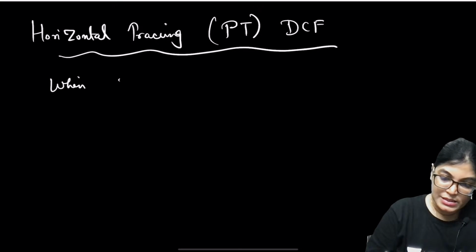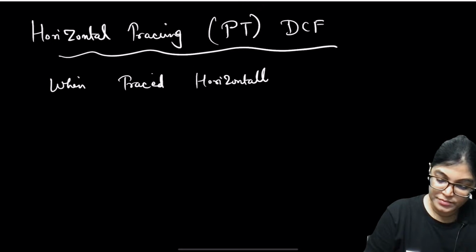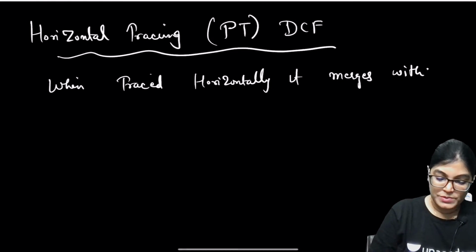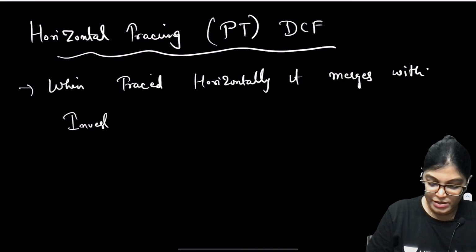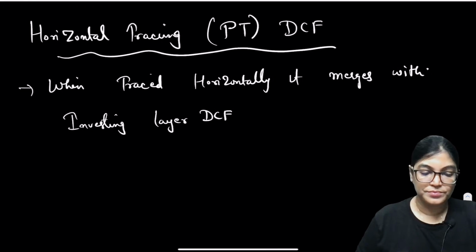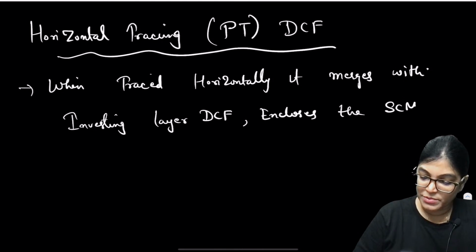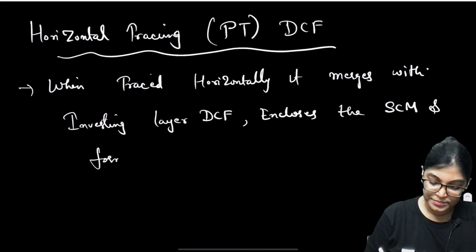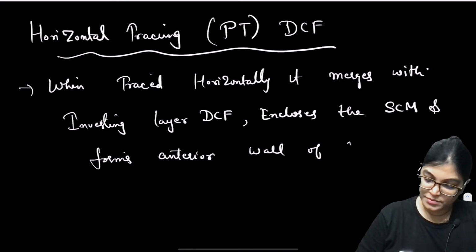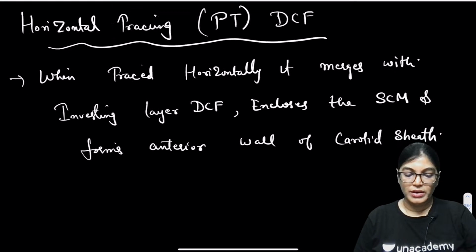When traced horizontally, it merges with investing layer of deep cervical fascia, encloses the sternocleidomastoid muscle and forms anterior wall of carotid sheath. Got it?